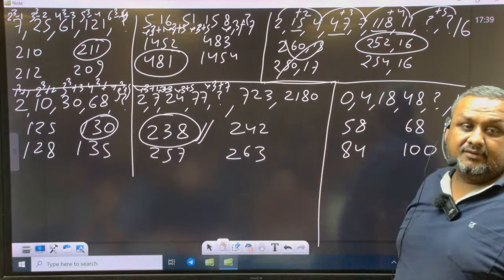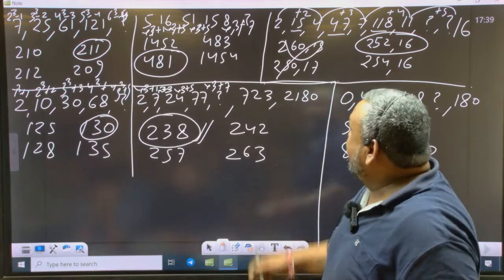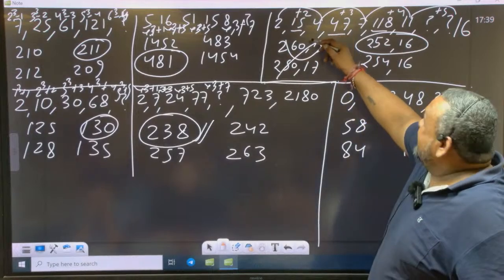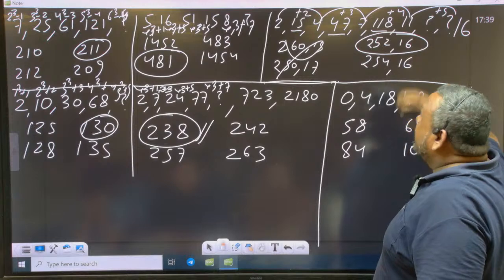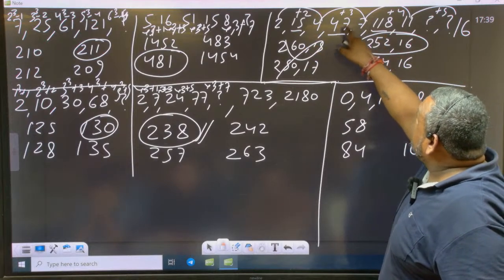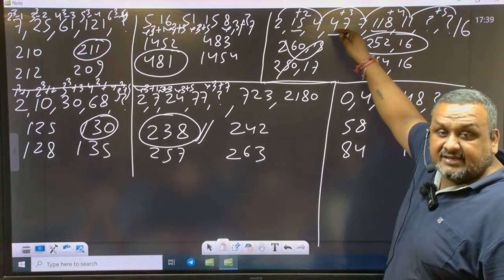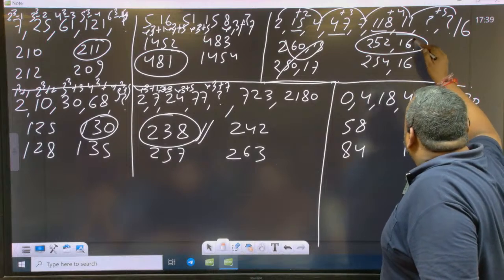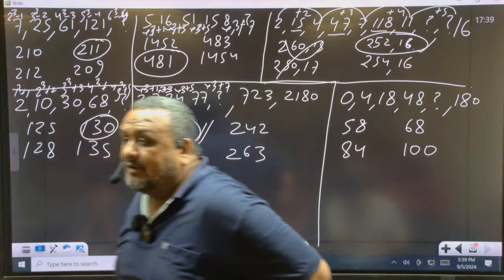Answer. I repeat. Plus 2, plus 3, plus 4, plus 5. Then 4 square minus 1, 7 square minus 2, 11 square minus 3, 16 square 256 minus 4, 252, comma 16. Answer. What is the answer of the last?